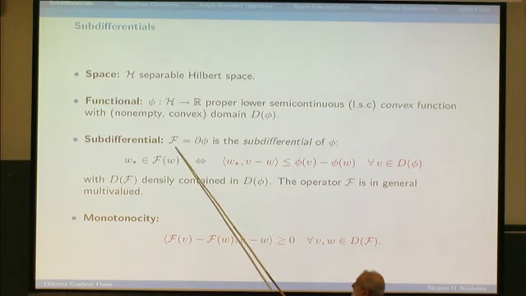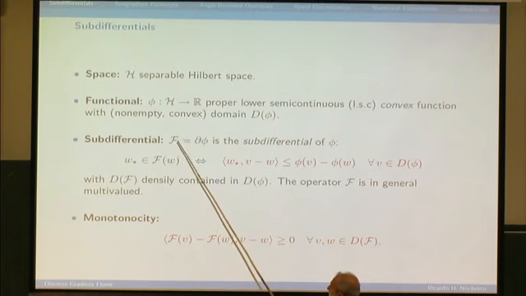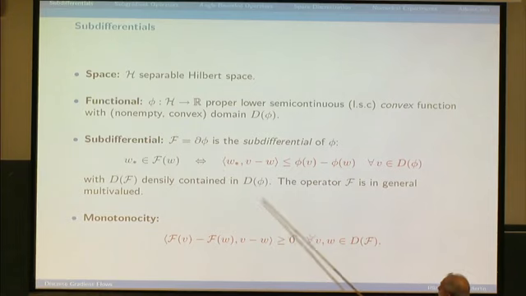Then this potential has a subdifferential, which is a map. I call it cal F, with these properties, typical of a subdifferential.